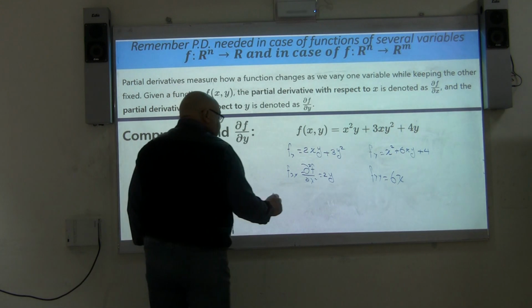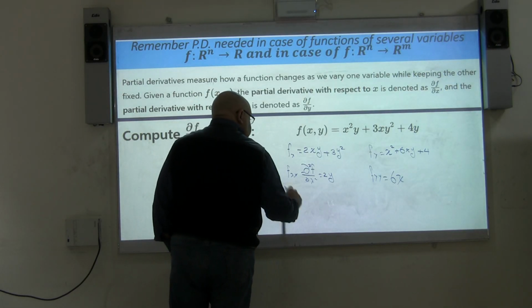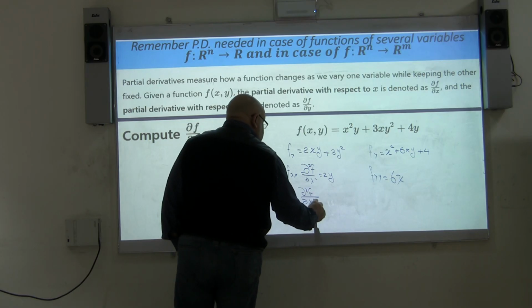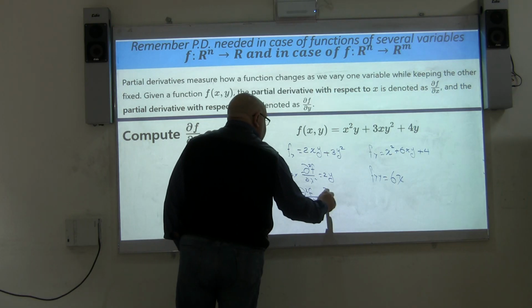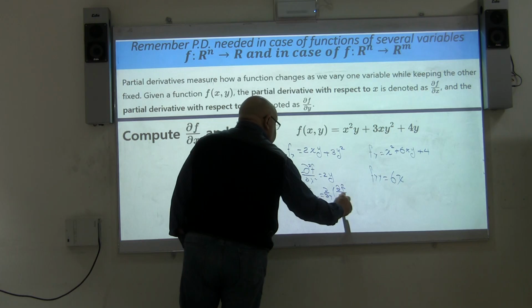Right, can you get me f of xy, which means I will differentiate 2 times, partial squared f, partial x, partial y, which means I will get the derivative with respect to y of the function which is already differentiated with respect to x.